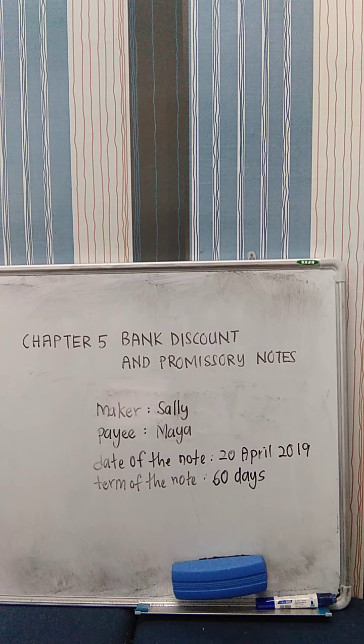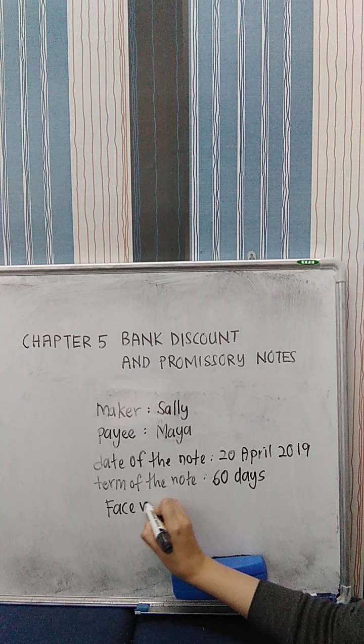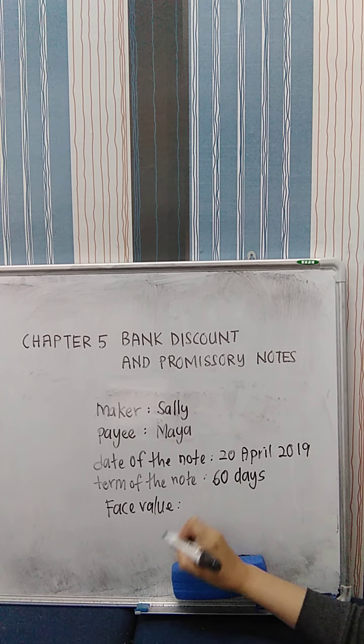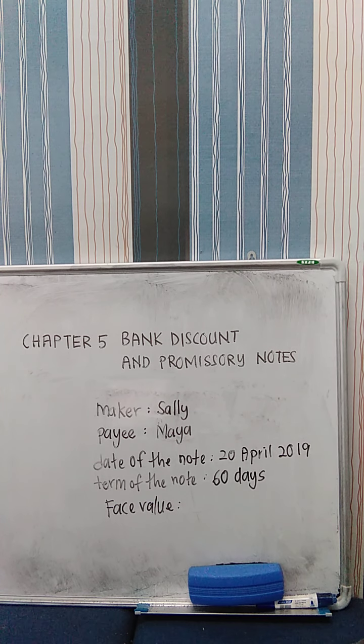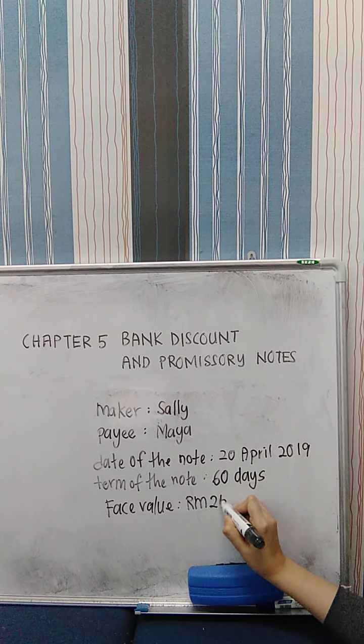Next, face value. How much does Sally want to borrow from Maya? It is mentioned, 2,500 only. So the face value is 2,500.